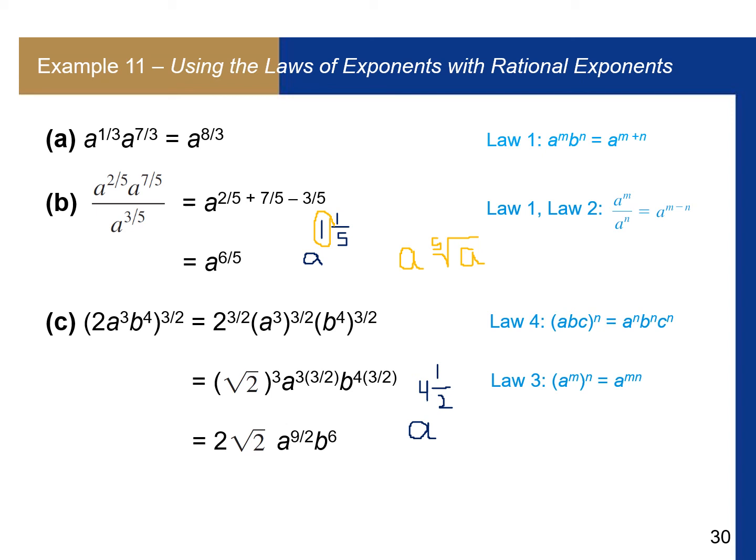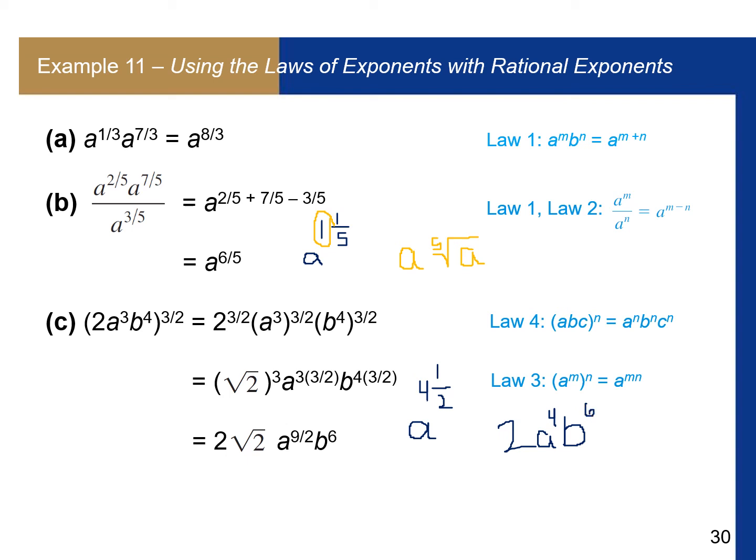Now, this 1/2 is a square root, and this is a square root. So that would tell me that I have 2a to the 4th on the outside. Also, that b to the 6th will be out there.